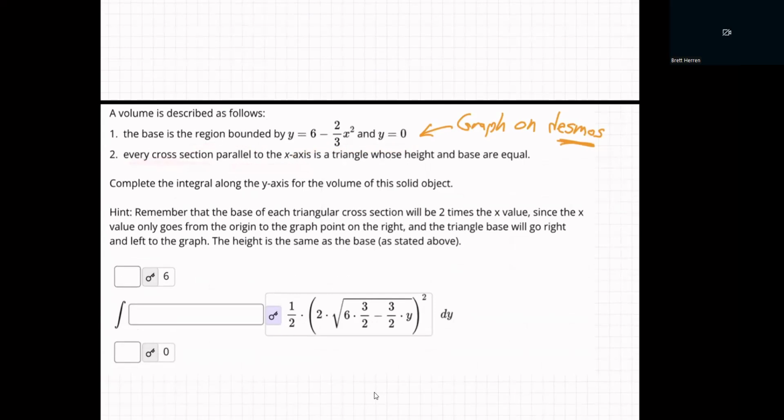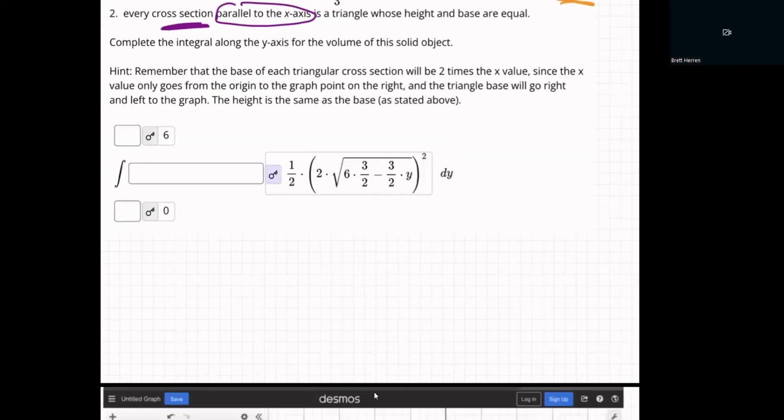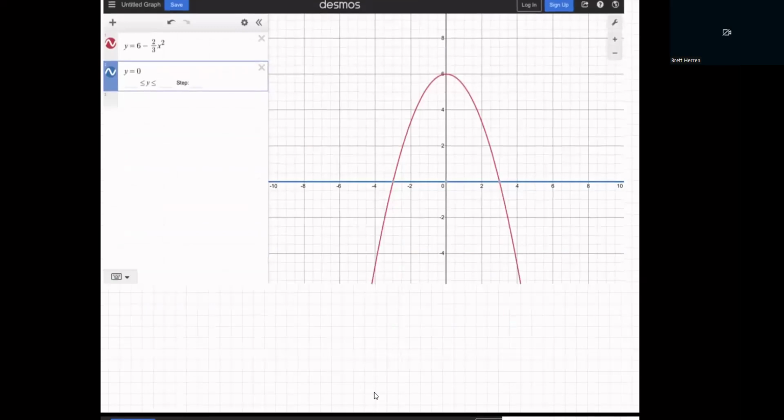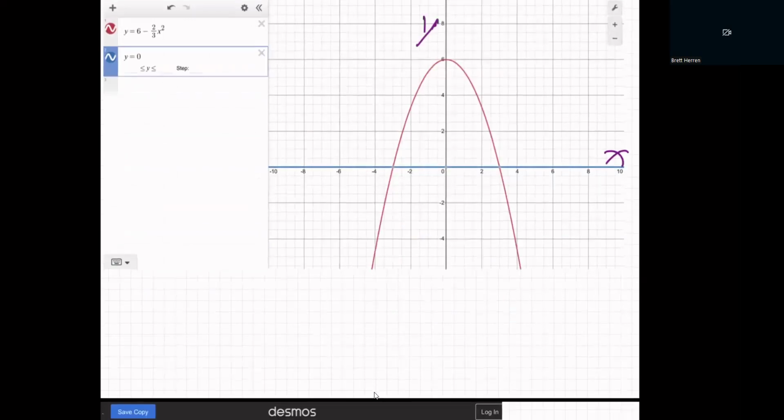That's an important word there. Parallel to the x-axis. Cross sections are parallel to the x-axis. So meaning when we cut this thing, we're going to go, sorry, parallel to the x-axis, which means up the y-axis. Let me show you. So, here's the x-axis. Here's the y-axis. So if we're going parallel to the x, we're going like this.